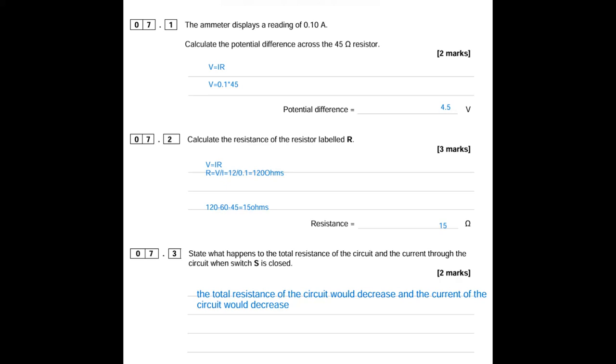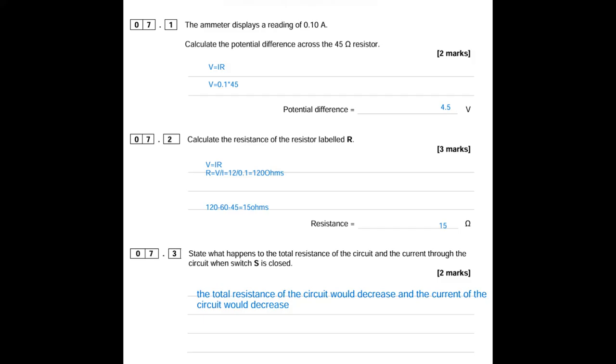And then you need to do 120 minus 60 minus 45, because you have a resistor that's 60 ohms and a resistor that's 45 ohms, and they'd all add up to 120, and then you get 15 ohms for resistor R.